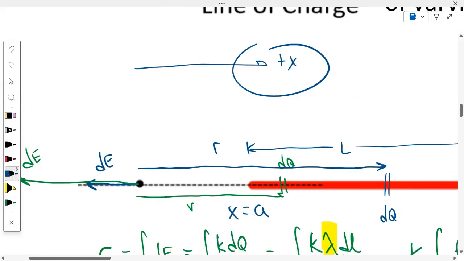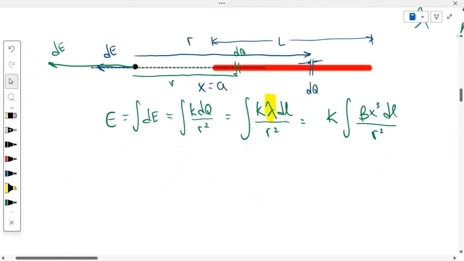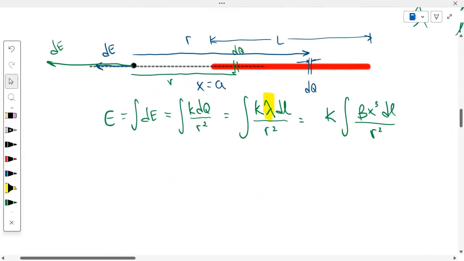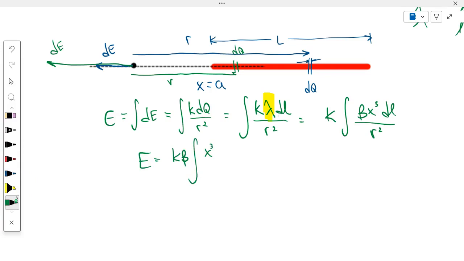R vectors point in that direction, and dl's point along that dimension also. So we can turn these all into x's. So E is, I'll pull out the beta too, x cubed over x squared dx. Well, this sure is starting to get easier.